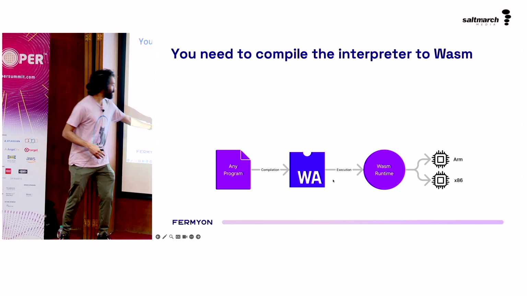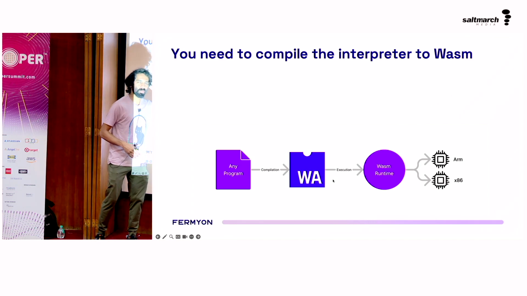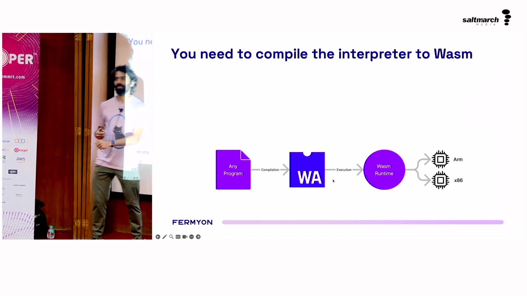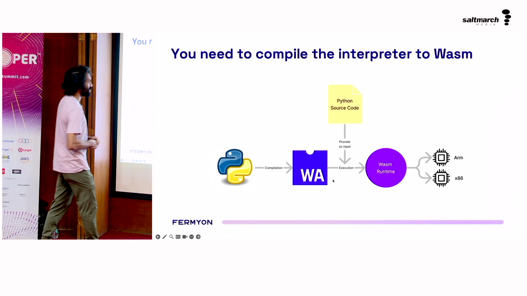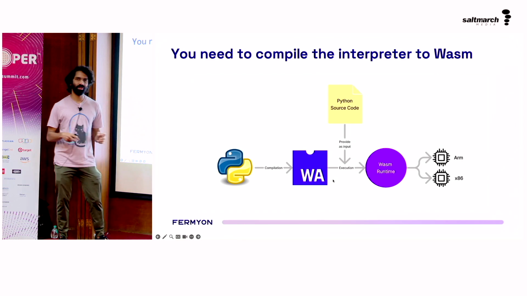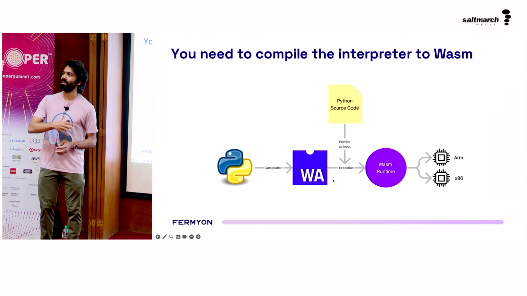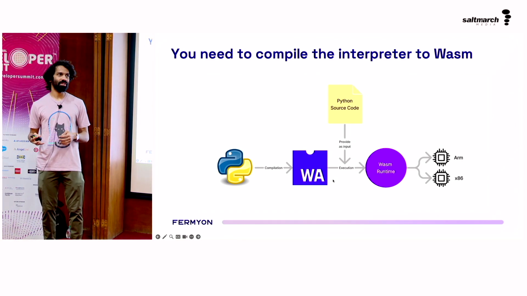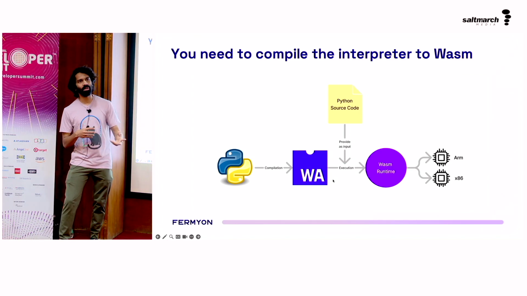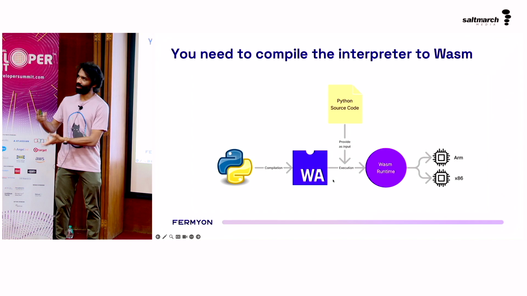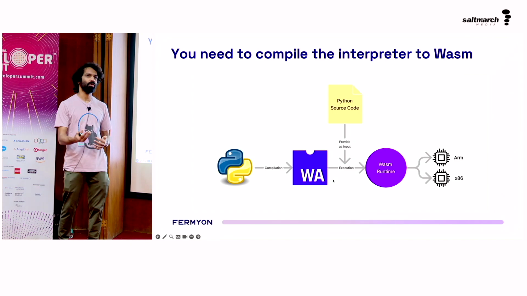So you typically write any program, compile it to a WebAssembly module, run it on a WebAssembly runtime. So in the case of interpreted languages, what people did was they took the interpreter and they converted that to WebAssembly. Right? So this was a task that is undertaken by language teams and is done pretty much by hand. So the Python interpreter is converted to WebAssembly.